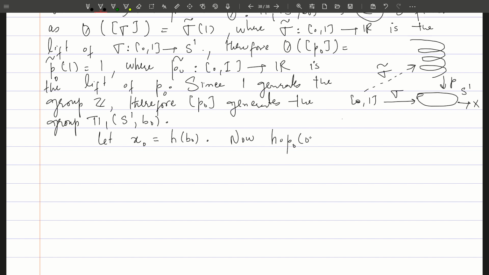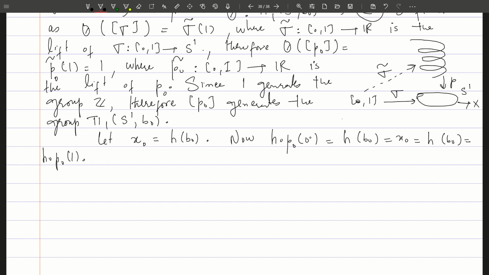When we look at h composite p naught of 0, that is the same as h of p naught of 0, but p naught of 0 is B naught, and h of B naught is x naught. And this h of B naught is the same as h composite p naught of 1, because p naught of 1 is B naught.